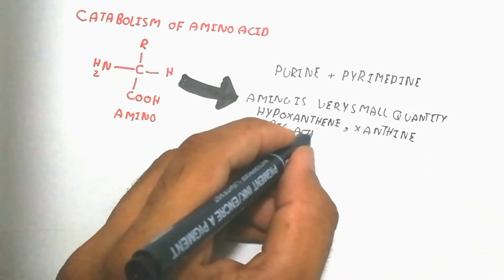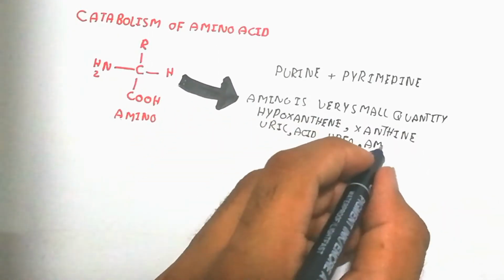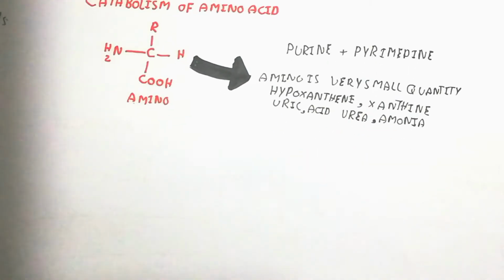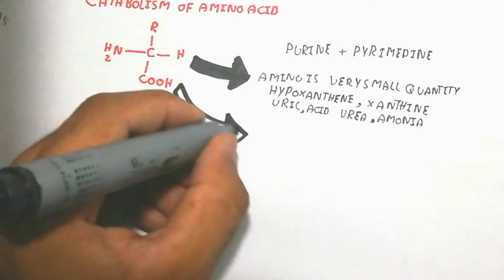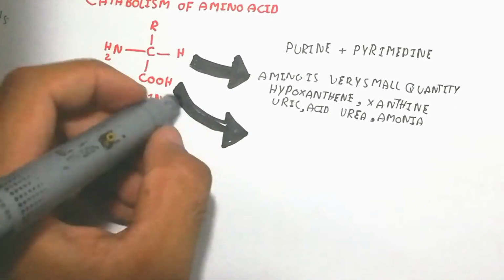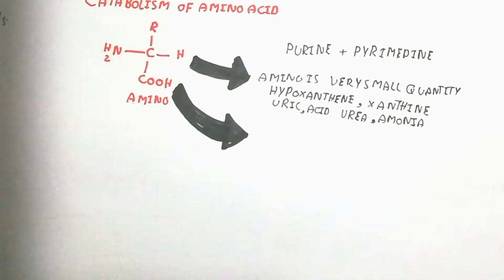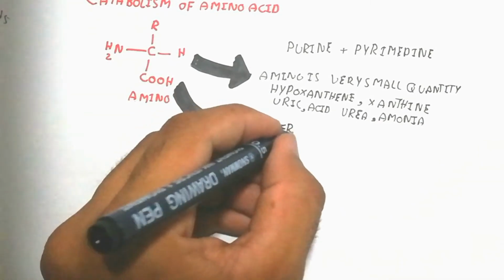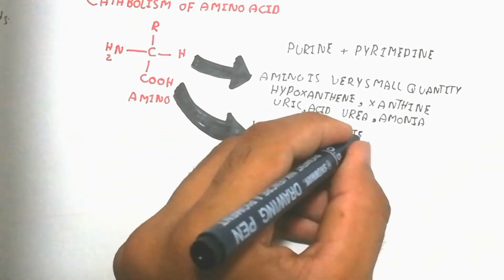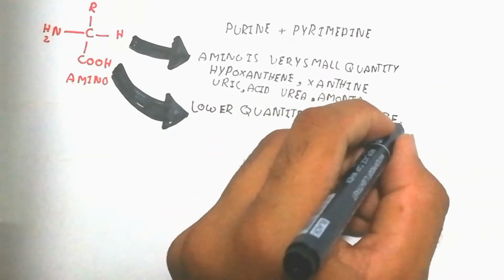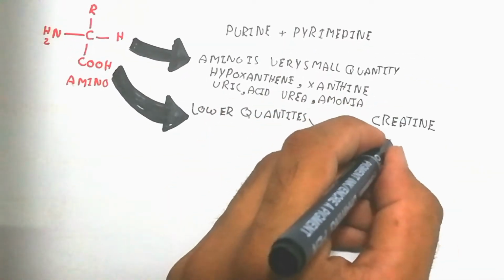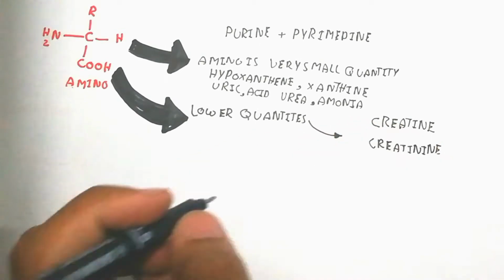And here is xanthine, and there are uric acid, urea and ammonia, which are also excreted. A lower quantity of material is also released, known as creatinine and trimethylamine oxide. That is an important thing which I want to mention.